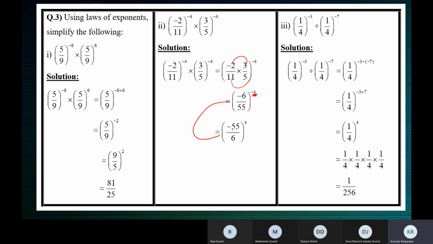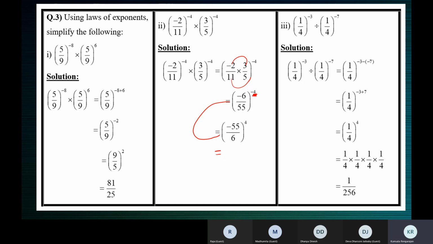Now, minus 55 multiplied with itself 4 times is pretty time consuming: 55 into 55 into 55 into 55. So you can just leave the answer like that. You can find 6 multiplied with itself 4 times, but 55 is quite large, so you can leave the answer like this. But if you calculate 55 to the power 4 and write that answer also, it's not wrong.